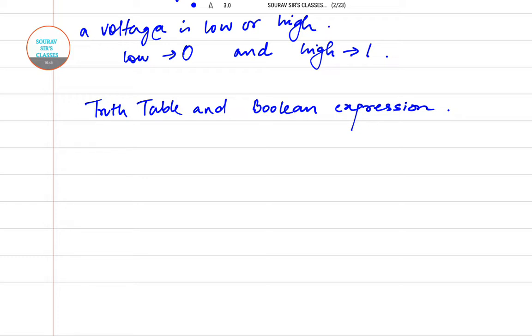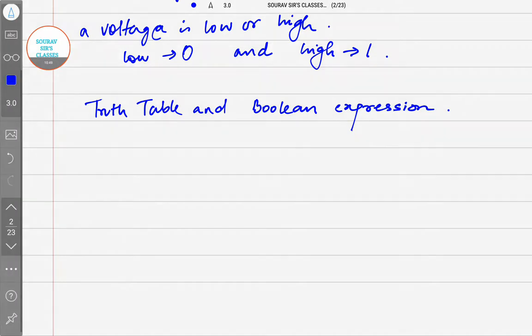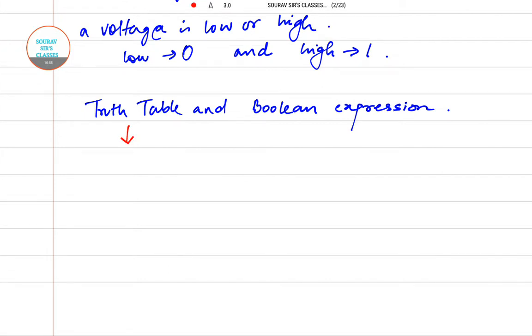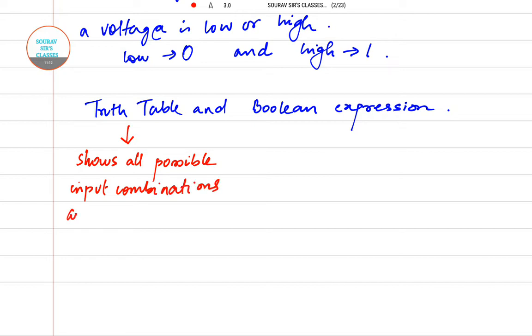So we will first know what we understand by the two terms. So truth table, let me change the color. A truth table is a table that shows all possible input combinations and the corresponding output combinations for a logic gate.